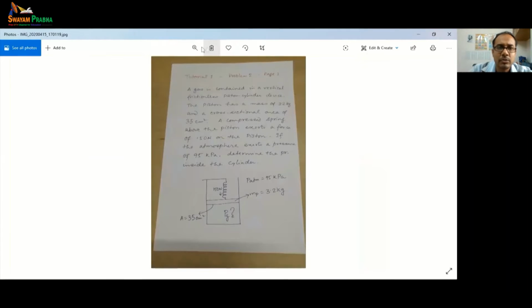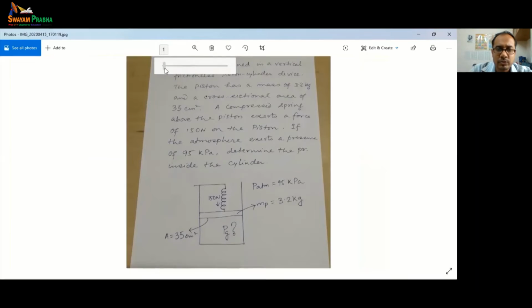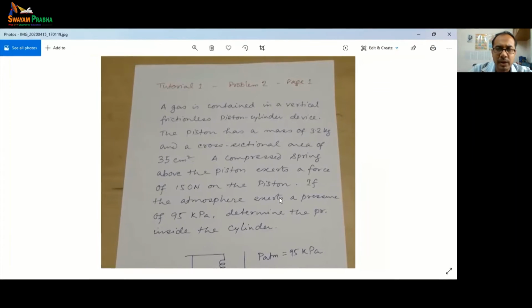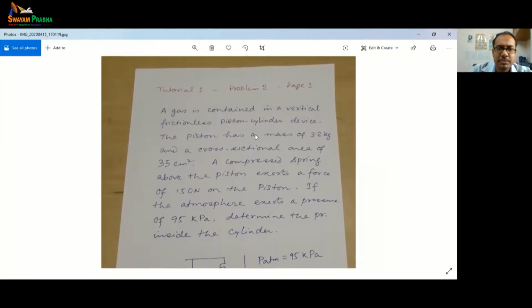Where we are going to use similar concepts of gauge pressure, but now with a little more involvement than a simple manometer. So the problem statement here is: a gas is contained in a vertical frictionless piston cylinder device.